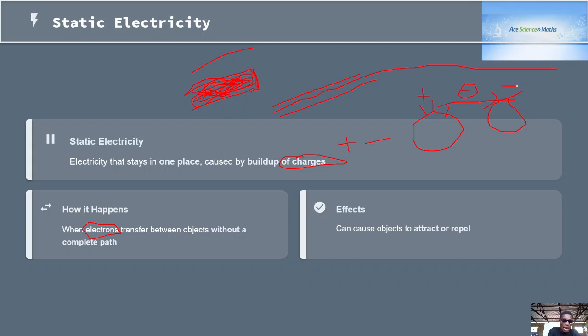Another thing I want you to understand is that one natural way that we normally see static electricity is through lightning. The lightning that happens all the time is as a result of what? Static charges in the clouds that jump to the ground.